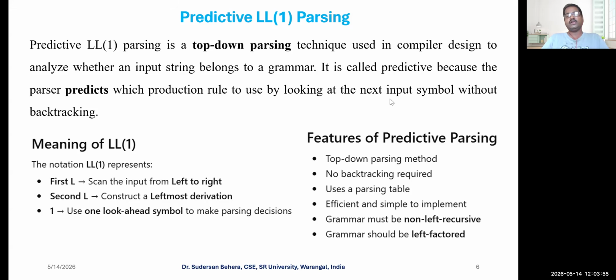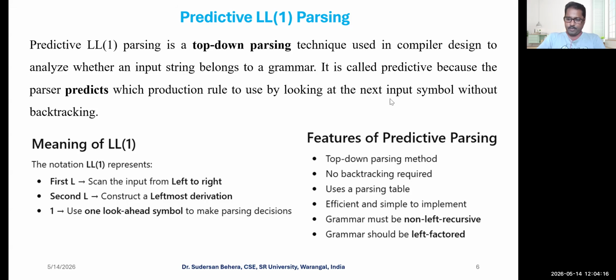Okay. So it is called predictive because, as per the name, a very interesting thing. Why is it called predictive? Because, unlike the previous parser, it does not choose the production randomly.